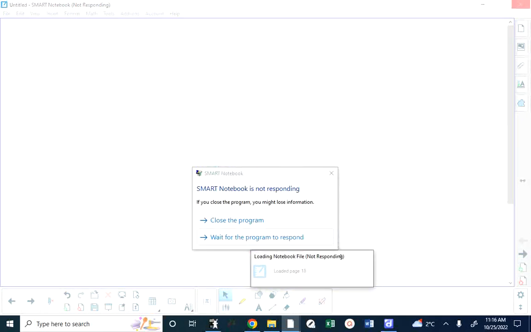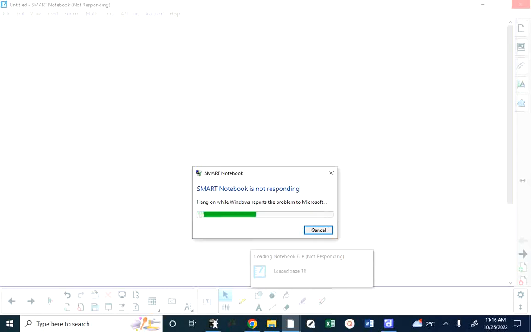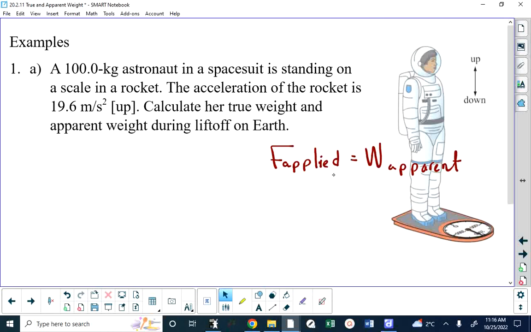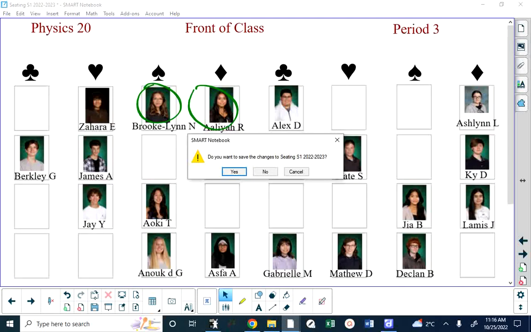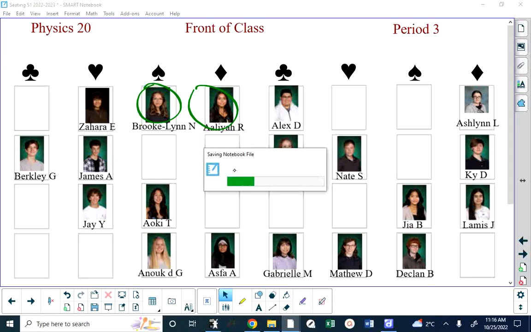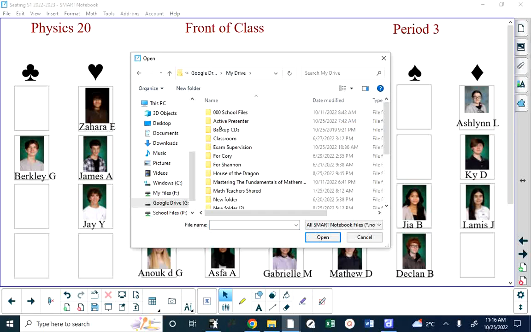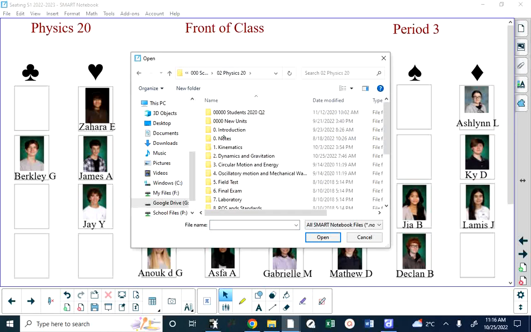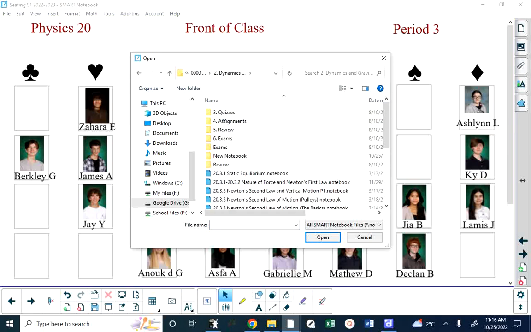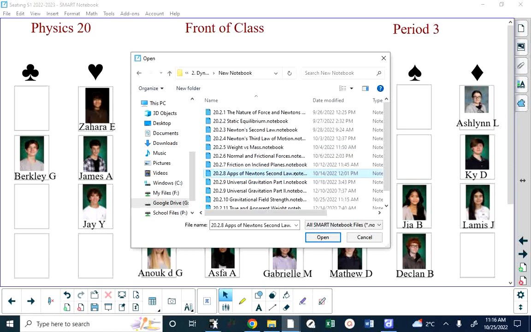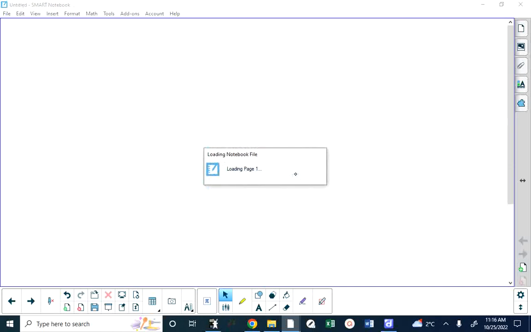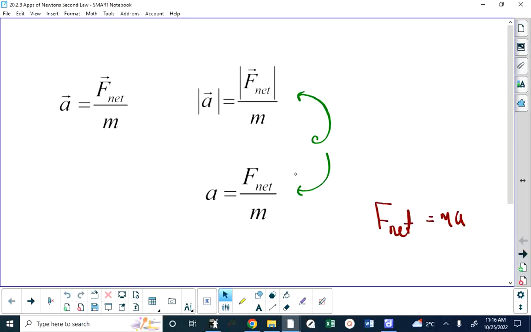There we go. Just as well I was opening the wrong one. So we were looking at applying Newton's second law. There's Newton's second law. And we were finding acceleration.